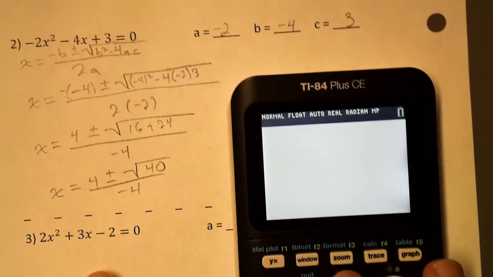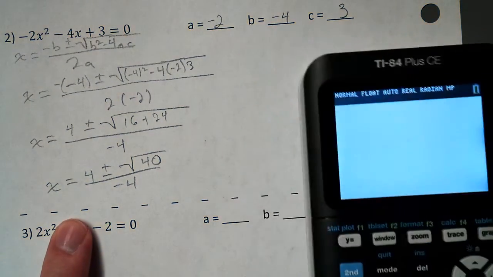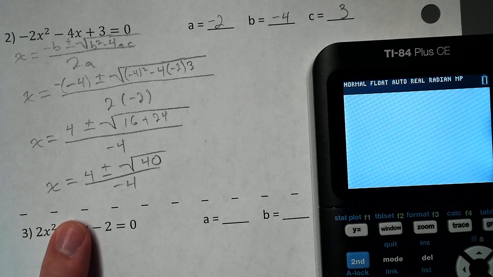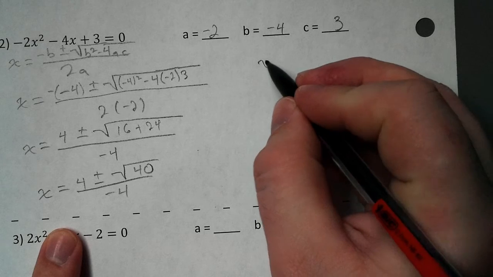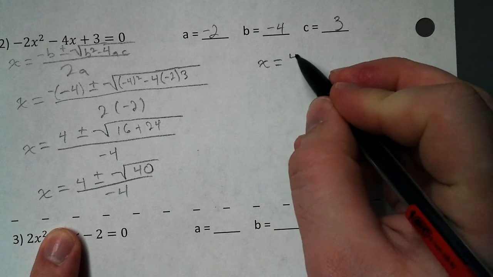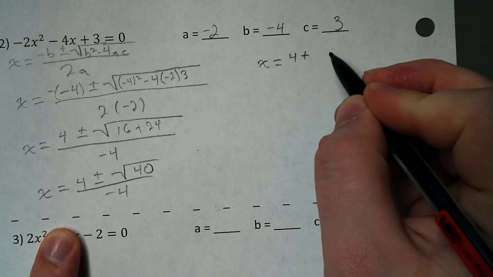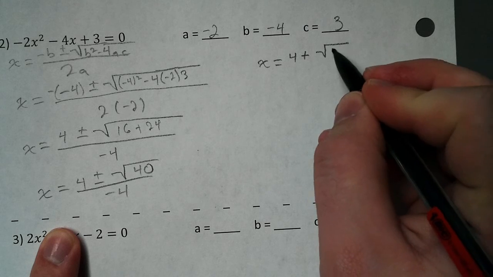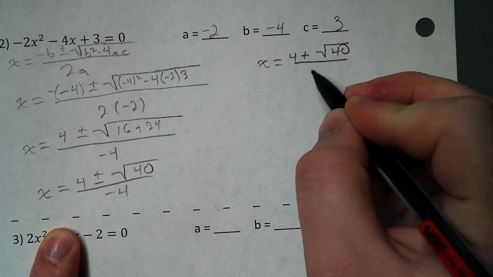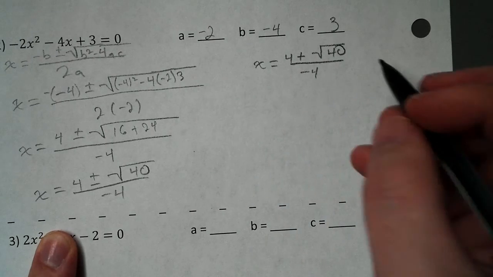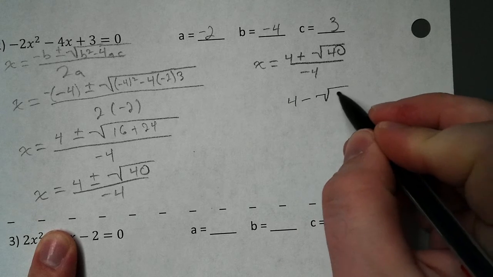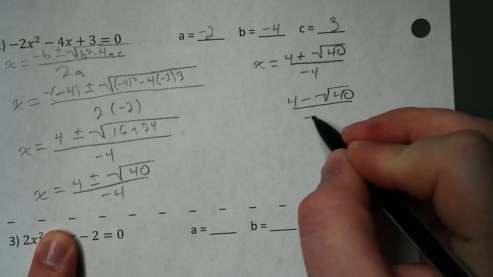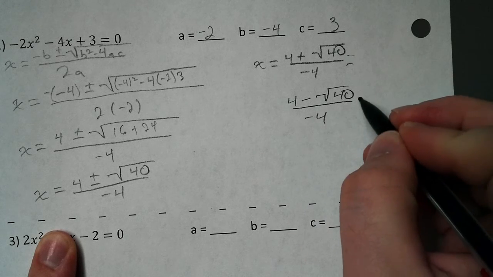and we're going to rewrite this as the two different equations. So x equals 4 plus square root of 40 divided by negative 4, and 4 minus square root of 40 divided by negative 4 to get our two answers.